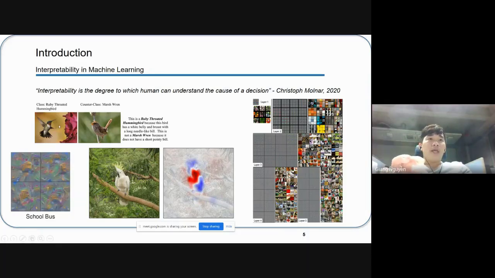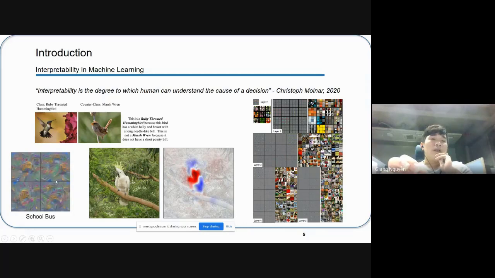For example, here they generate a counterfactual explanation to explain a prediction of a model. This picture is a ruby-throated hummingbird, and the counter class is a muskrat, and they generate a sentence to explain why this picture is a ruby-throated hummingbird and not a muskrat.